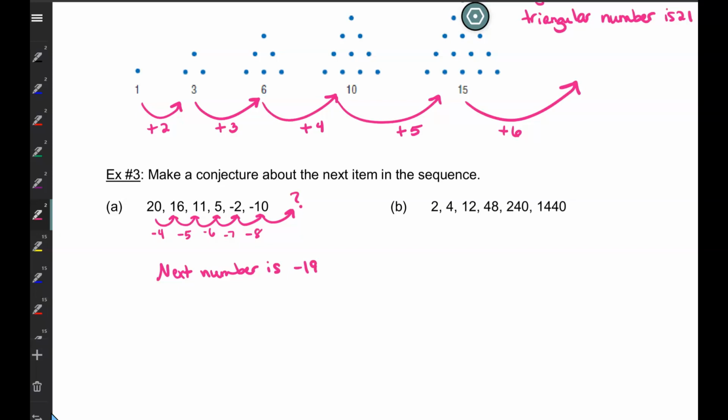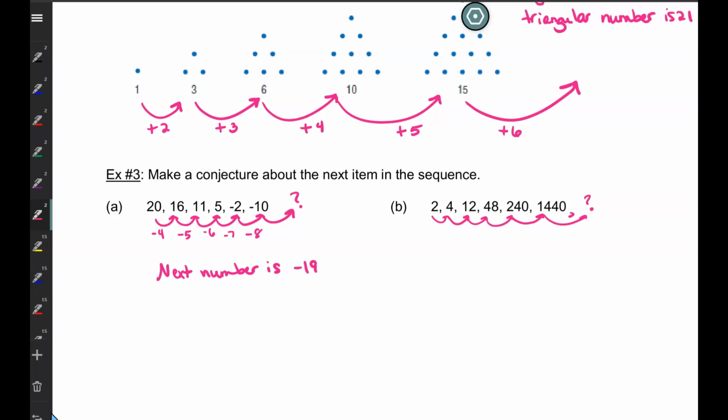Okay, then we have 2 goes to 4, and 12, and 48, 240, and then 1,400. So take a minute, see if you can come up with how we are getting each number in that sequence.